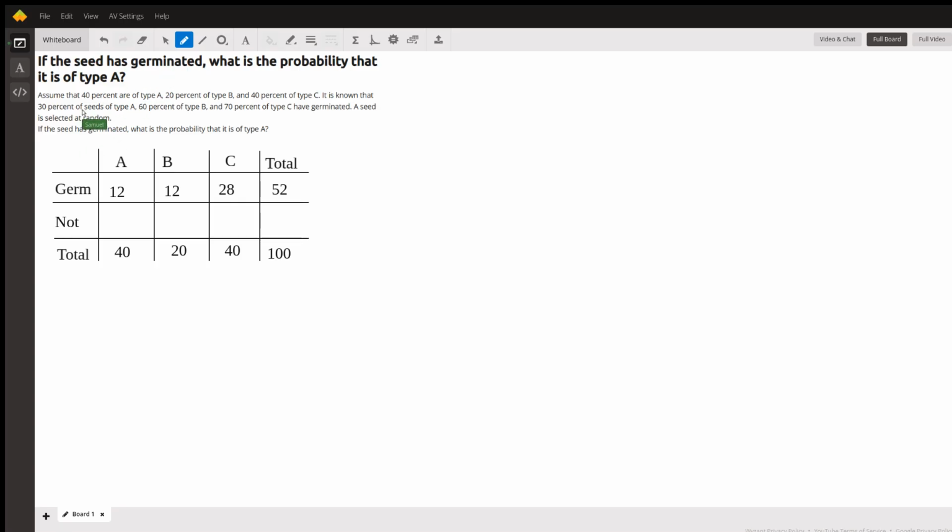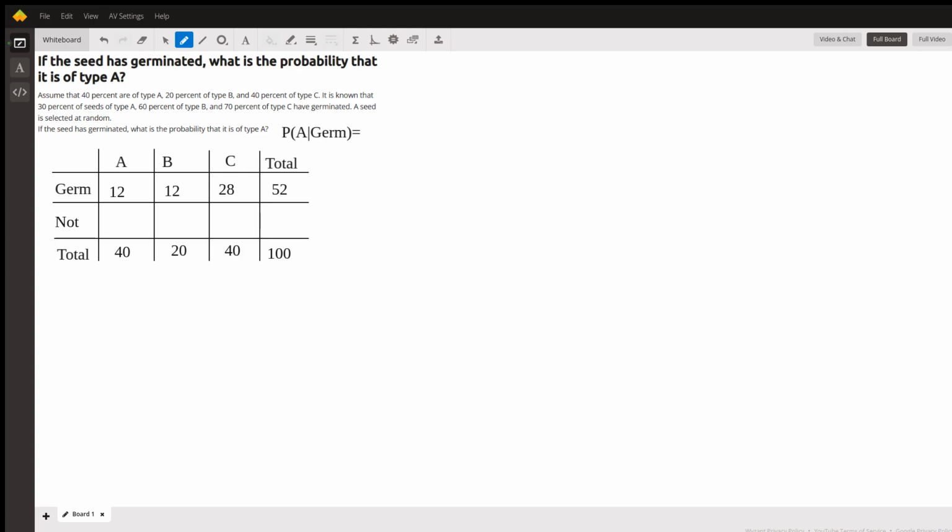The question only deals with if the seed has germinated. If you ever see the word if, that also is a given. Given the seed has germinated, that's a conditional probability. What's the probability that it is of type A? So to write this in probability notation, what's the probability that the seed is A given it's germinated?